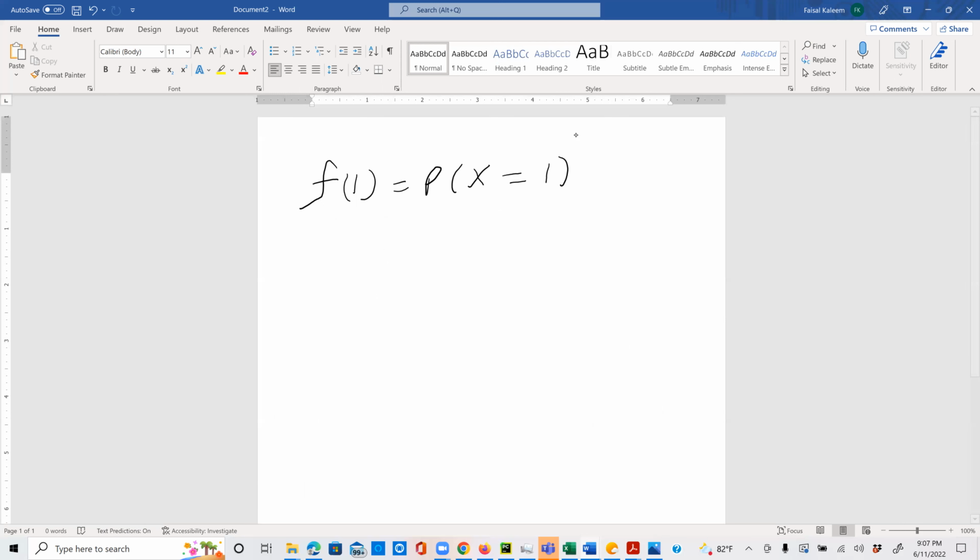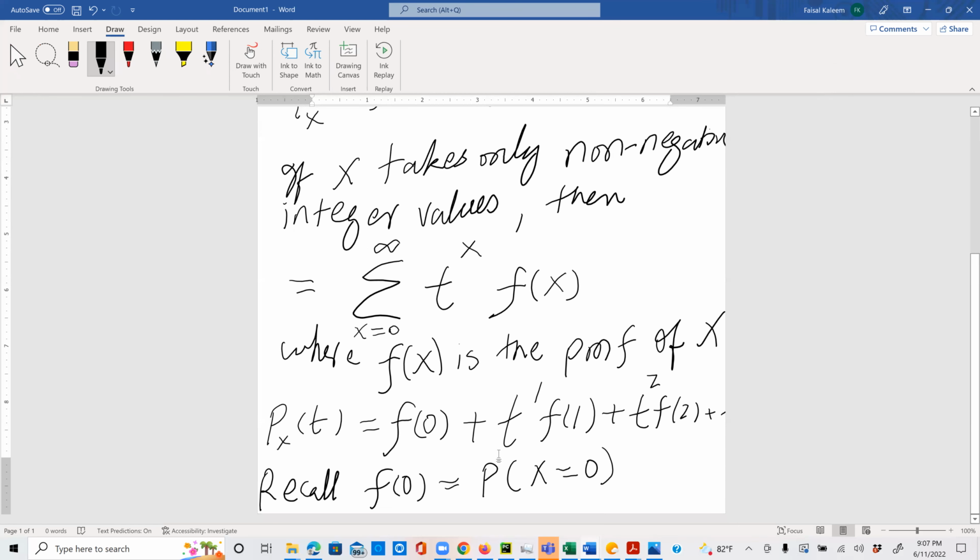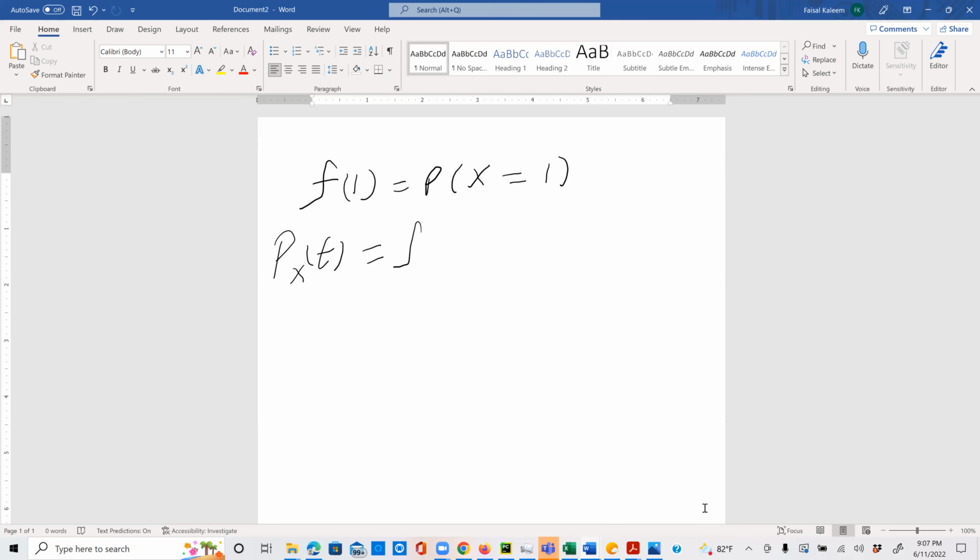So once again, the probability generating function of X is f of 0 plus t f of 1 plus t squared f of 2, and so on.